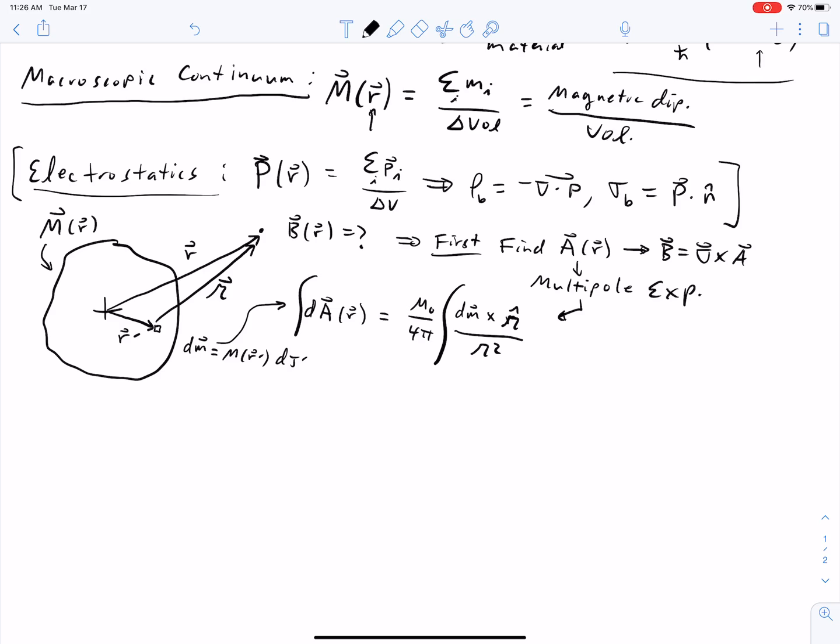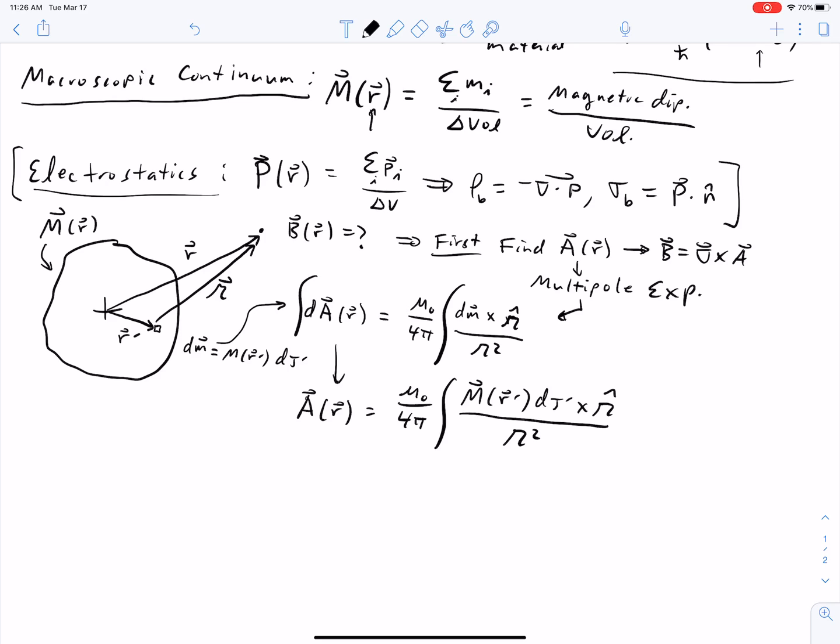And so A, the vector potential at the field point r, is then equal to mu naught over 4 pi times the integral of M, the magnetization of my material at the source point r prime, d tau prime cross cursive r hat, divided by cursive r squared.